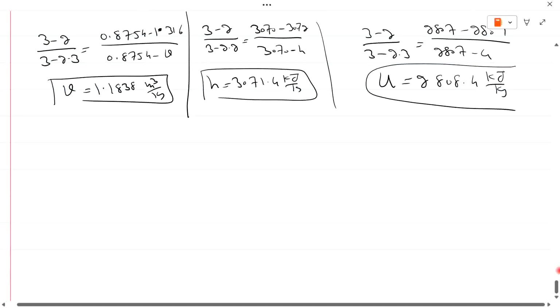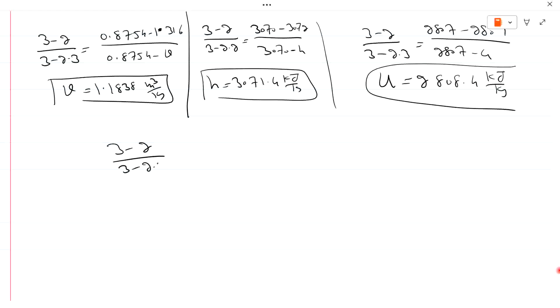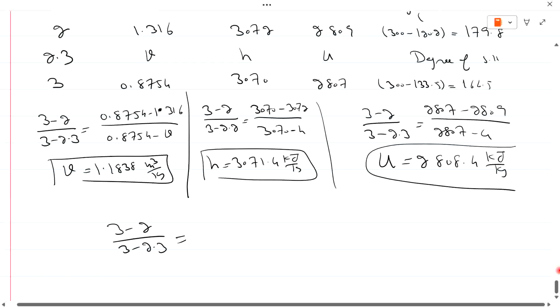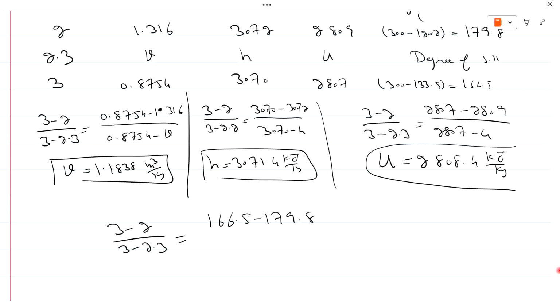And for degree of superheat, third minus first, 3 minus 2, divided by 3 minus 2.3, is equal to third minus first and the degree of superheat. So 166.5 minus 179.8 divided by 166.5 minus the degree of superheat.